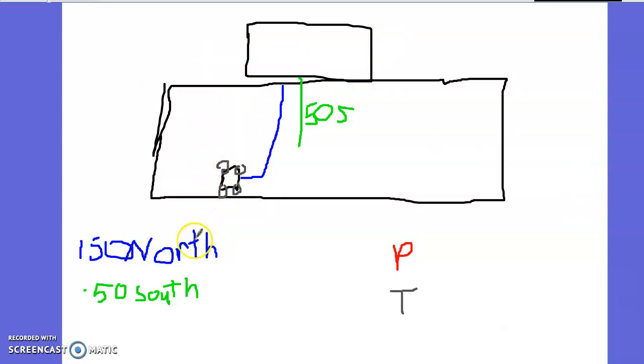So Nicole travels 150 feet north. And then she turns around and she says, oh, there's Starbucks, yay. And she goes south, 50 feet south. So her total distance is 200 feet.